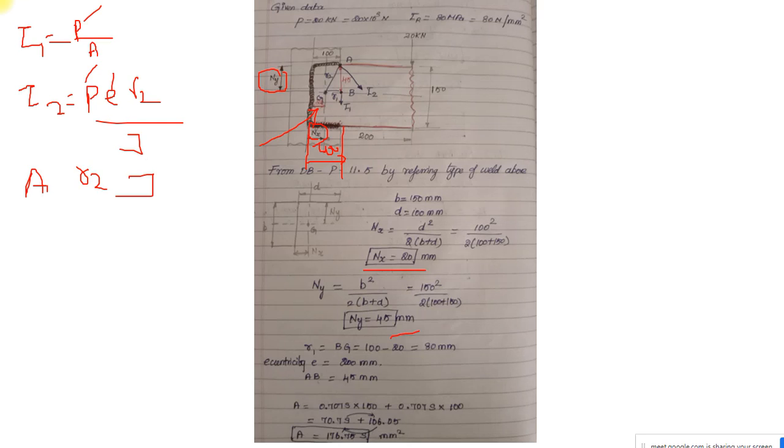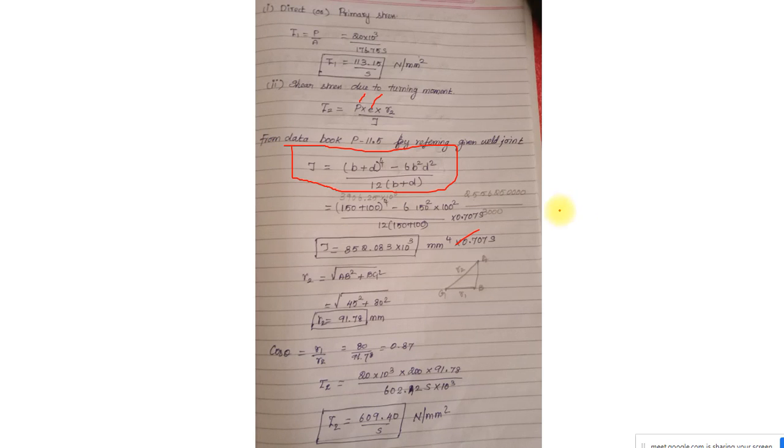It is nothing but J is equal to (B plus D) the whole power 4 minus 6 B square D square, divided by 12 into (B plus D). If I substitute and simplify, I have the term in terms of S. Actually, I forgot 0.707 S when I was calculating. Then I added 0.707 into S.